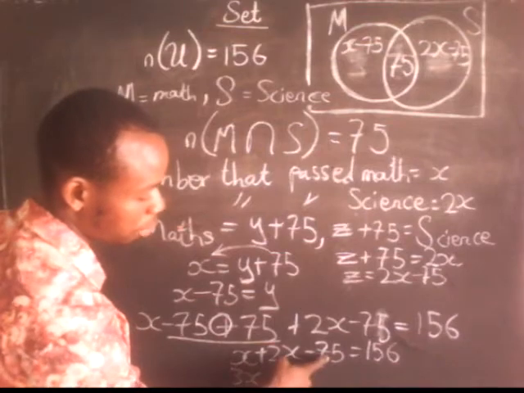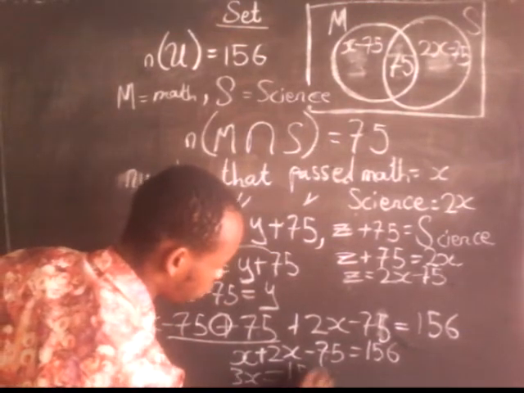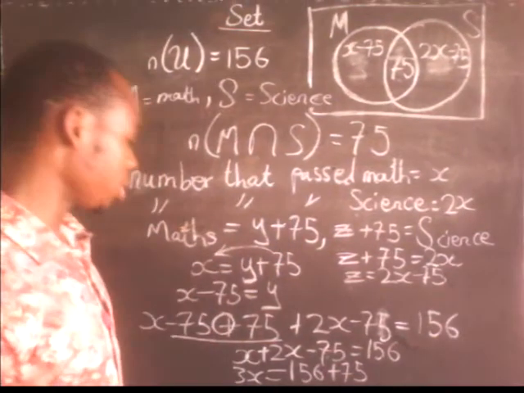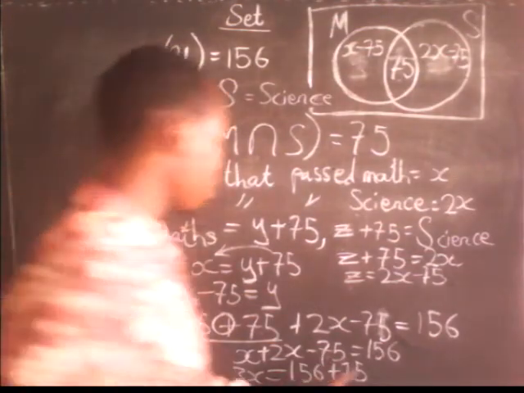Collecting like terms, I bring 75 over to the other side. I will be having 3x equals 156 plus 75.